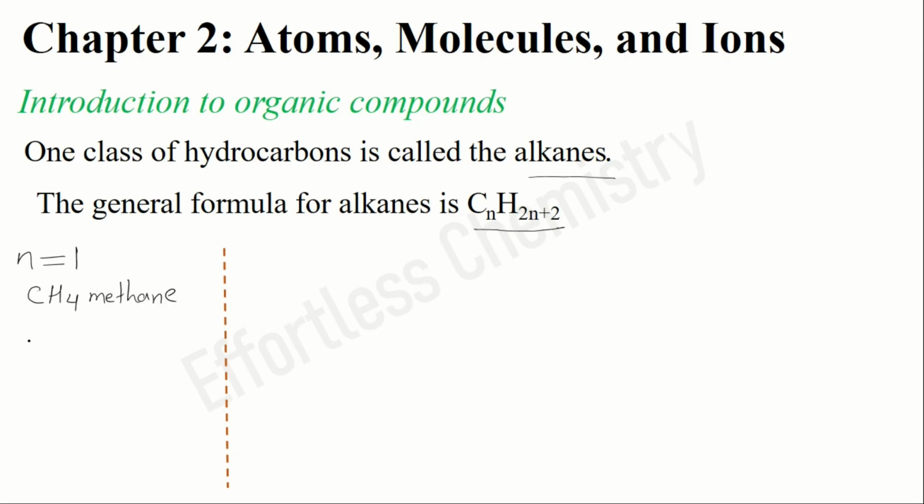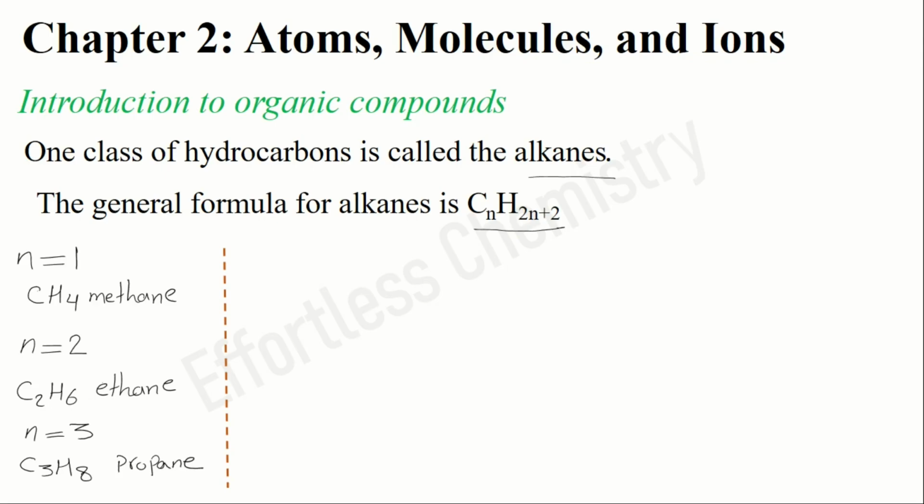When n equals 2, we can have this compound, which is called ethane. And for n equals 3, we can have this compound, which is called propane.